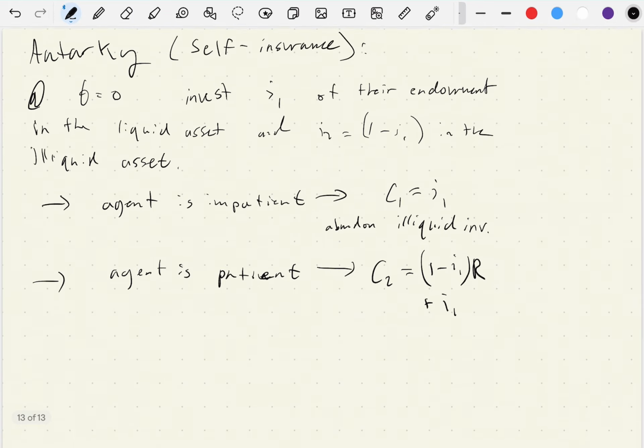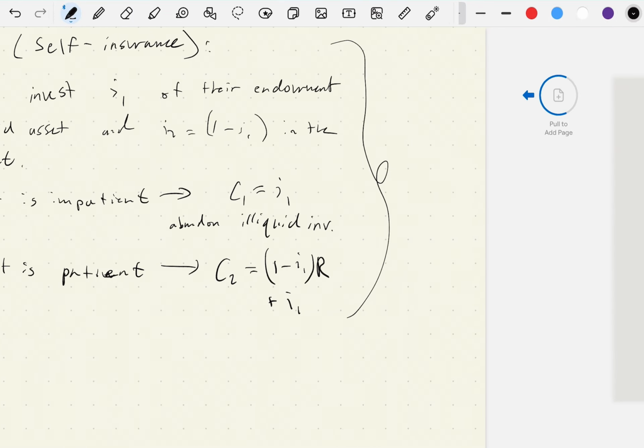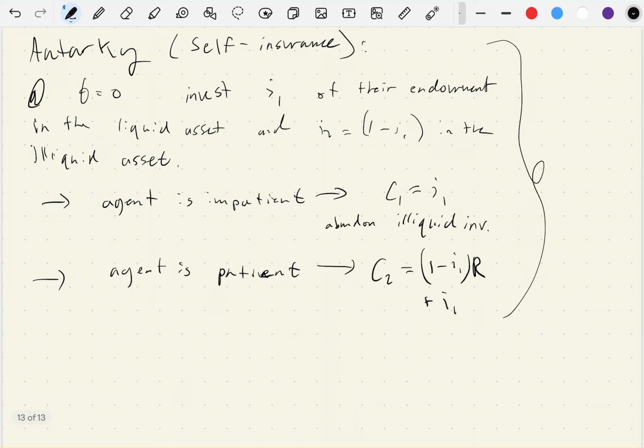This is inherently inefficient. The reason why self-insurance is inefficient is because if an agent invests heavily in the liquid asset to guard against impatience, they might forego the high return, okay? They want that capital R, if they turn out to be patient, okay? And so if they invest heavily in the illiquid asset, they're left with little to consume if they turn out to be impatient, okay?